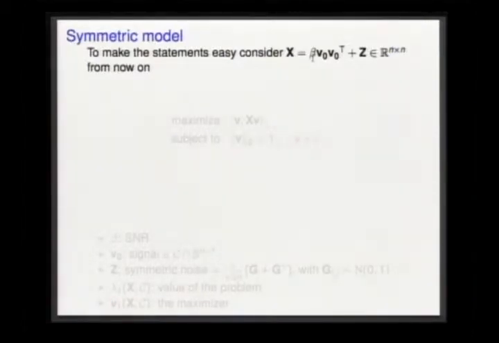From now on, we focus on a symmetric model where the observation matrix X is given by beta V0 V0 transpose plus Z. The problem we are interested in is to maximize this term, which is named the Rayleigh quotient, subject to the L2 norm of V being 1 and V belonging to some cone.